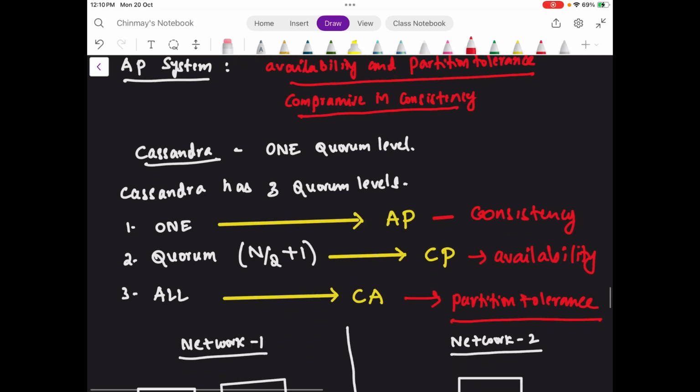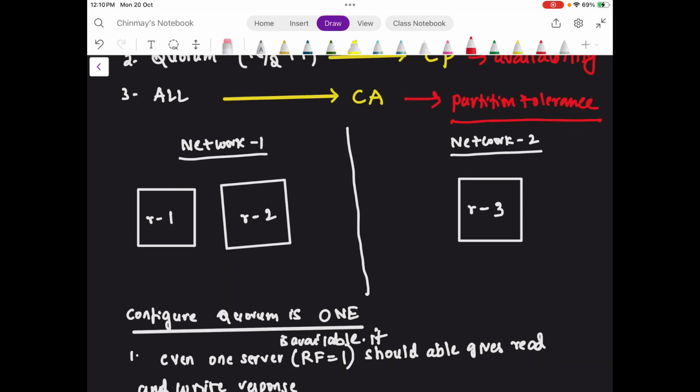But in Cassandra, the quorum level is 1. During the data transfer from one network to another, if a request comes to that network, there is a chance of giving wrong data. It doesn't check the other servers' responses, so consistency is compromised. That is the major difference between quorum level n/2 plus 1 and quorum level 1.